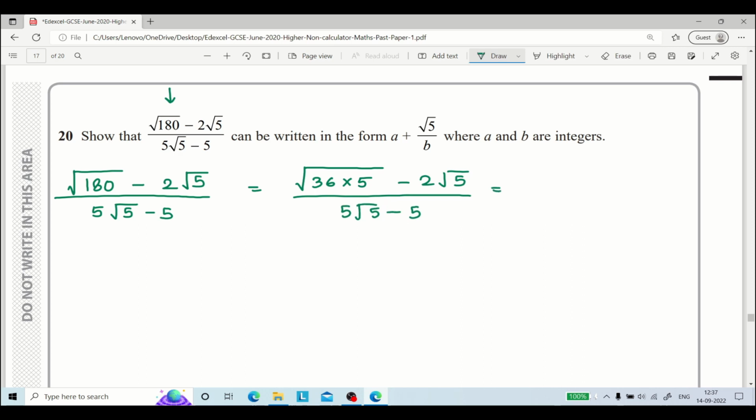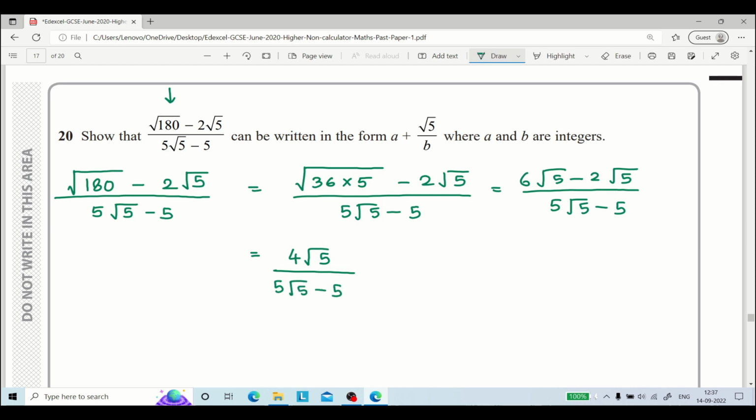What is root 36? We can bring it out. It becomes 6 root 5 minus 2 root 5 upon 5 root 5 minus 5. If you carefully observe this part, 6 root 5 minus 2 root 5 is equal to 4 root 5 over 5 root 5 minus 5.